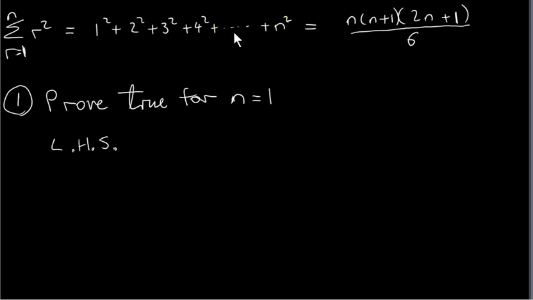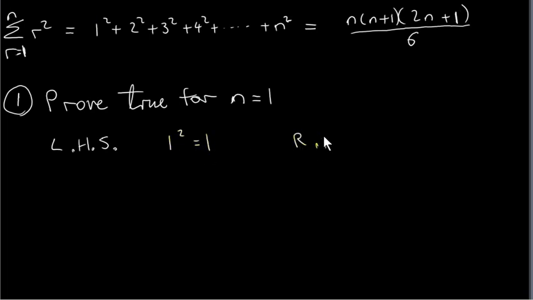It doesn't even make much sense to talk about summing just one term, because the sum of the first term is actually just the first term. It's just 1 squared. If we're asking for the sum of the first two terms, it would be 1 squared plus 2 squared. But since we have to prove this for n equals 1, we have to show that it's valid for the sum of just the first term of the series. So the left hand side will be 1 squared, which is 1.